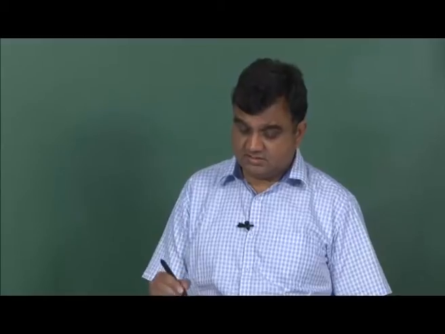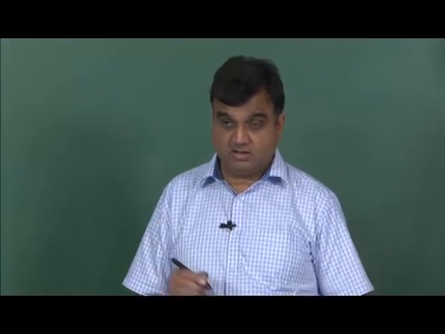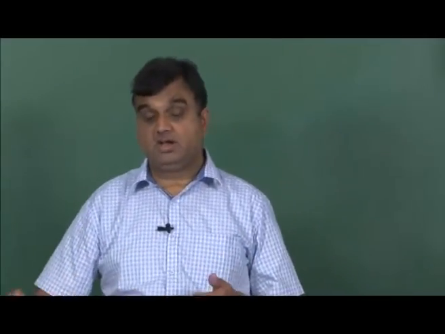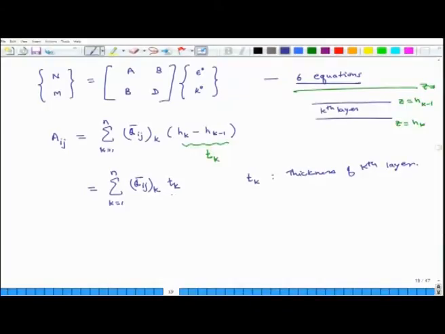In that case A16 and A26 could be negative, but in all cases A11, A12, A22 and A66 will always be positive, because tk always remains positive, and Q11, Q22, Q12 and Q66 are always positive. So, respective elements in the A matrix are always positive. This is one thing.